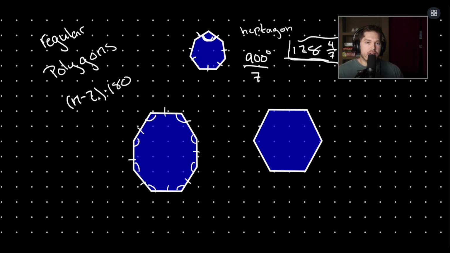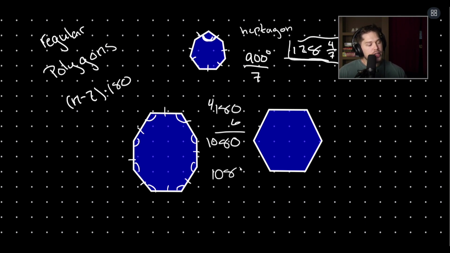If we want to find the total, again, we're going to do 8 minus 2 to get 6. And we'll do 180 times 6 to get the total interior angle measurement. This is 1080. Now we're going to take 1080 and divide it by 8. So to find the measurement of just one of the angles.